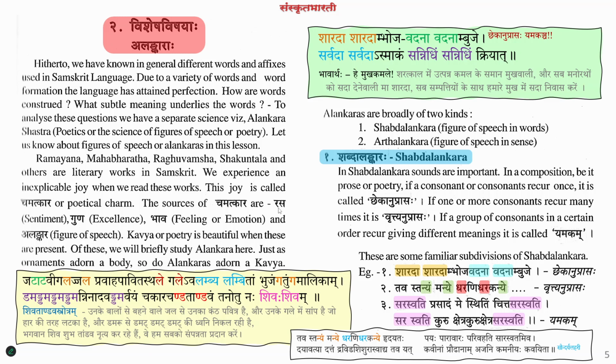Rasa, sentiment, is about how the story emerges, like we empathize with the Draupadi character. Our sentiment is tickled by how the rasa flows with respect to what sufferance she is having under different contexts. That is rasa.